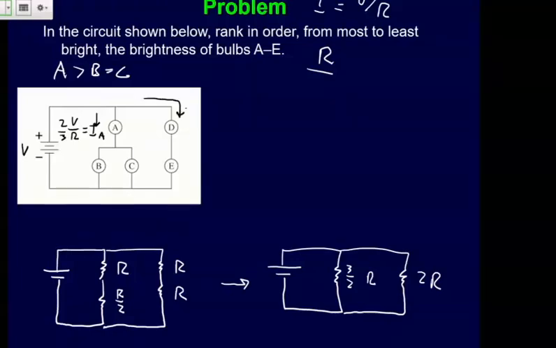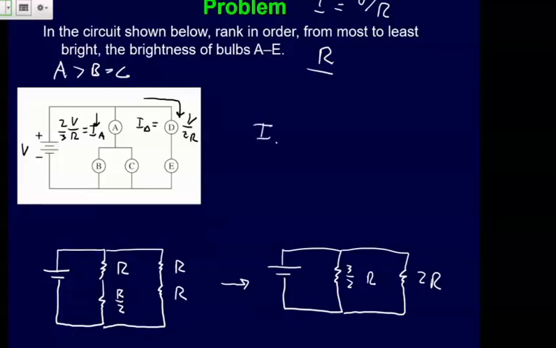The current over here at D is going to be V divided by 2R, again by Ohm's law.